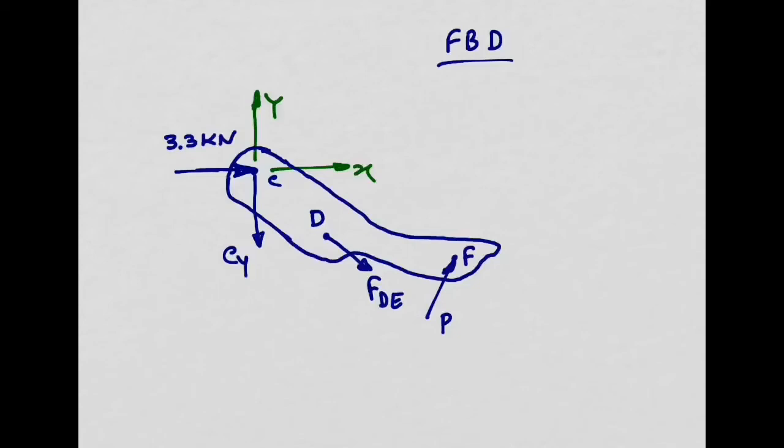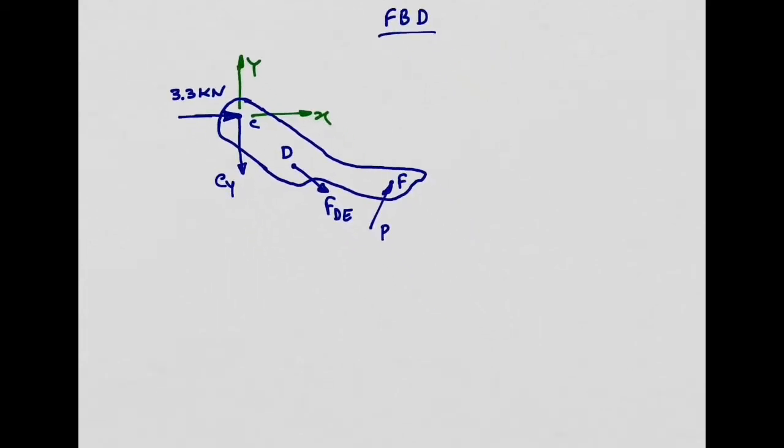Right? So let's write the equations for this. We need to speed up a little bit. So first equilibrium equation, summation of forces in the x direction equal to 0. You tell me, what do I have in the x direction? 3.3, yeah. 3.3 kilonewtons. What else?